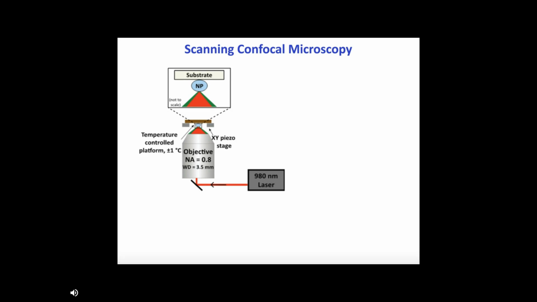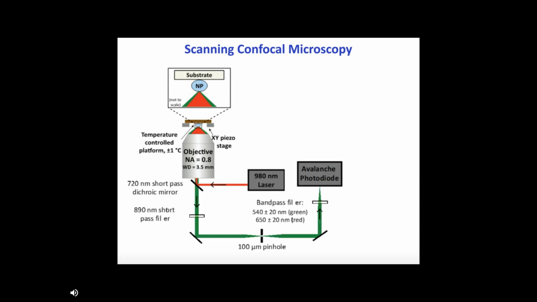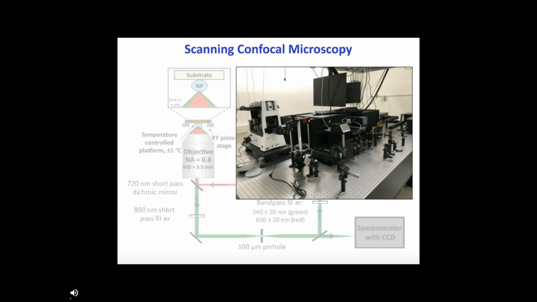We then collect the emitted luminescence, filter out any residual excitation light, and then we can send that emitted luminescence either to an avalanche photodiode for imaging or to a spectrometer with a CCD camera. And so here's an image of a microscopy system that we constructed here in my lab at the University of Rochester.